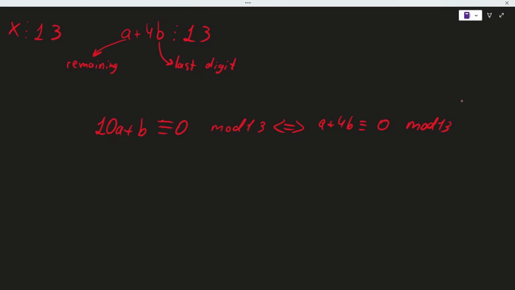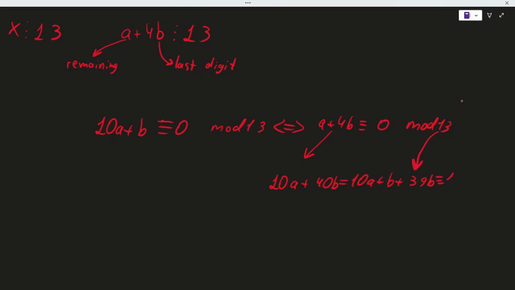Okay, here we can take this equation times 10. So this one can be written as 10 times a plus 40 times b. And clearly, 40 times b can be represented as 10 times a plus b plus 39b. And here we are using the fact that 39 is divisible by 13.